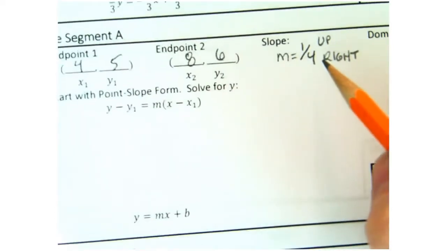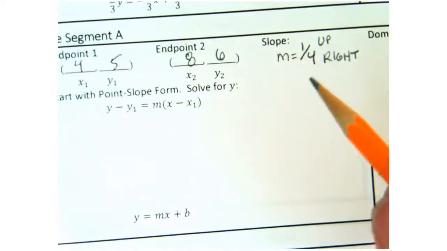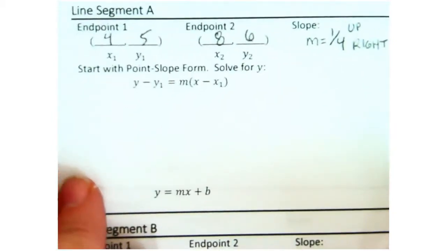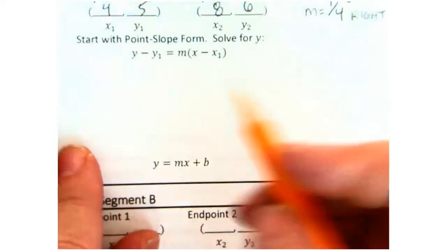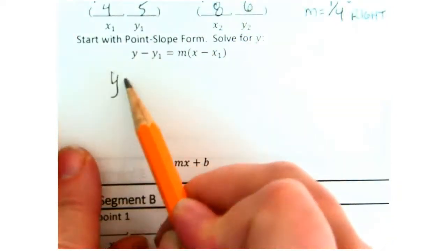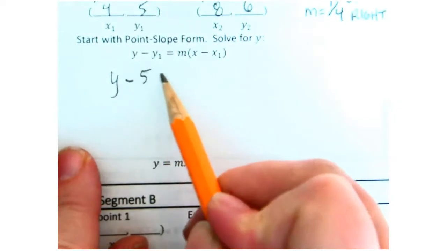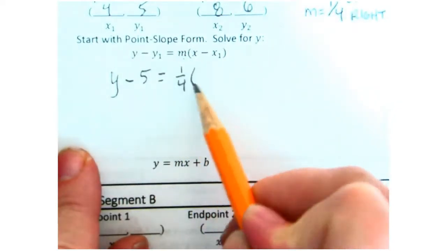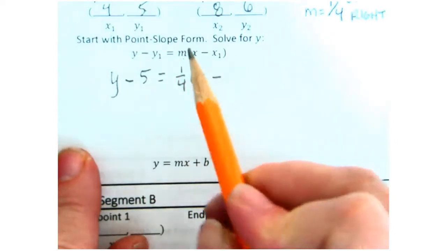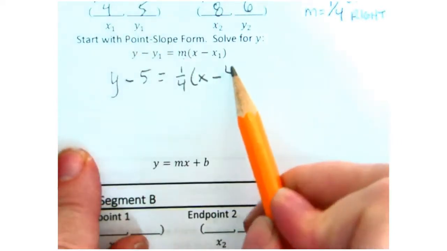Now fill in the point-slope form of the equation. Copy the formula exactly. Write y minus, then copy 5 from the first endpoint. Equals, now copy the slope 1/4, x minus 4 from the first endpoint.